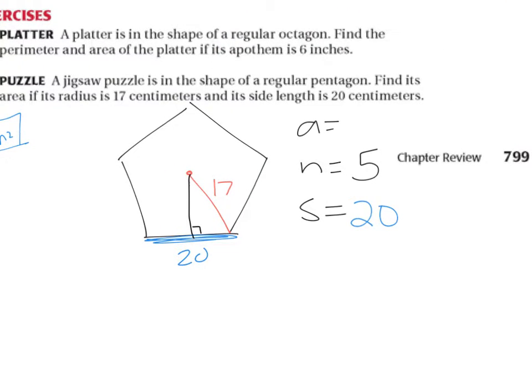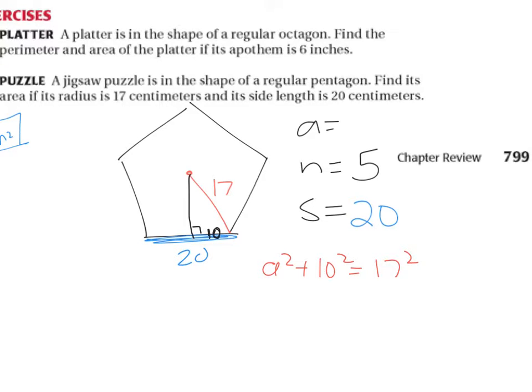If I drop down the apothem this time, what happens to that 20? It's 10. Do I have to use trig here? No, you can use the Pythagorean theorem. Could you use trig? Yes, I could do 360 divided by 5, cut it in half, get the top angle. Or I can say that the apothem squared plus 10 squared equals 17 squared.